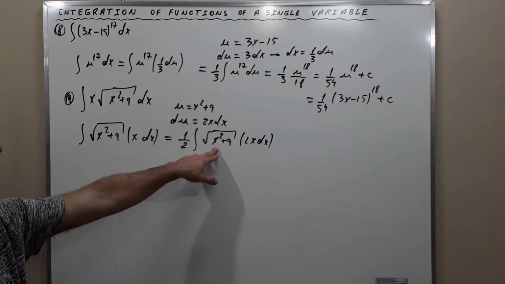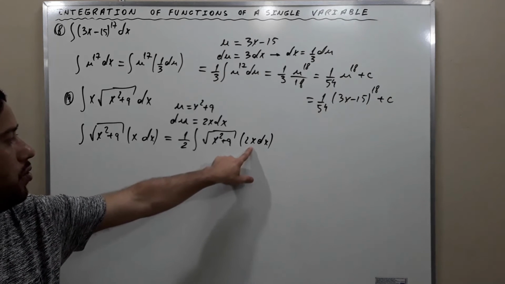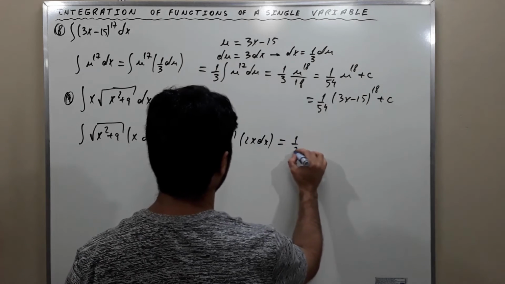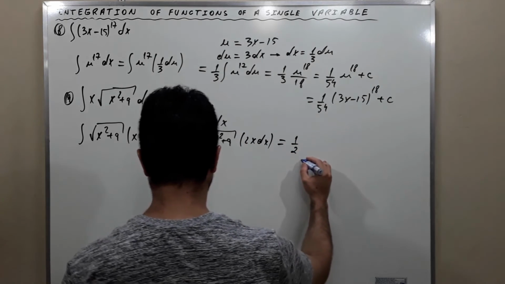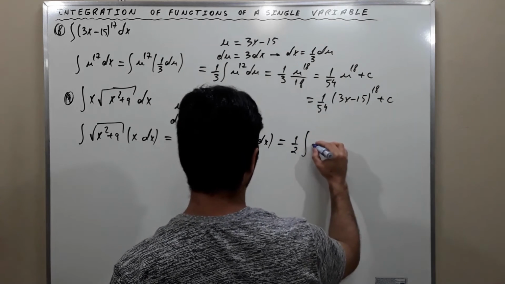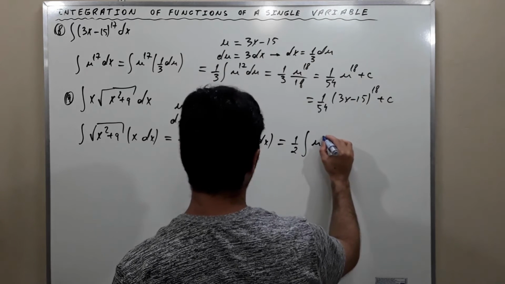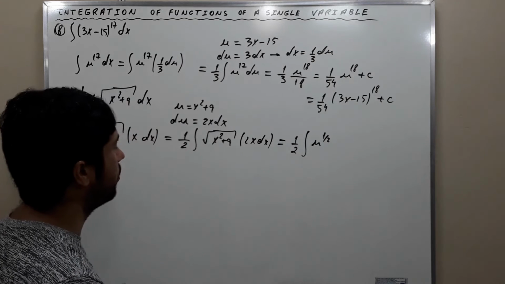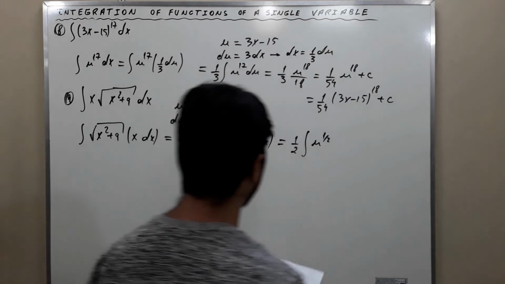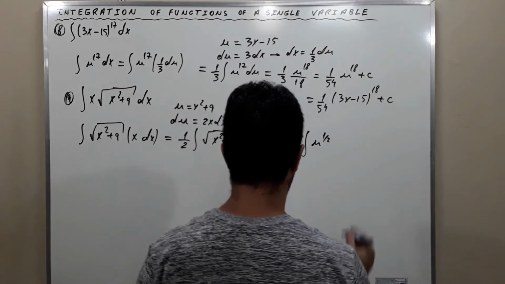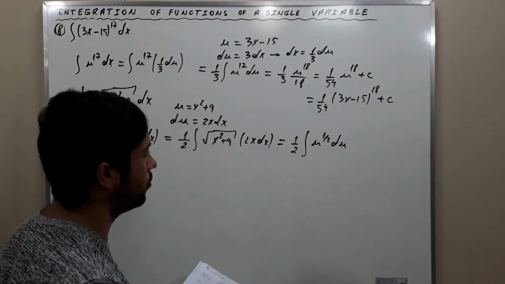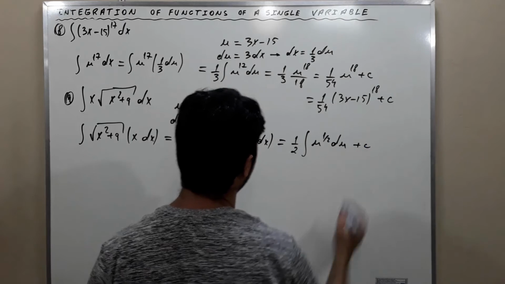I have u here and I have du here, okay? It becomes then a half of the integral of u raised to the power of a half du, because this here is du, plus a constant of integration.